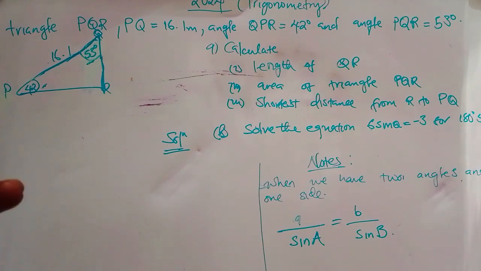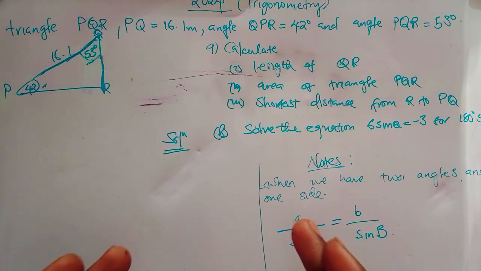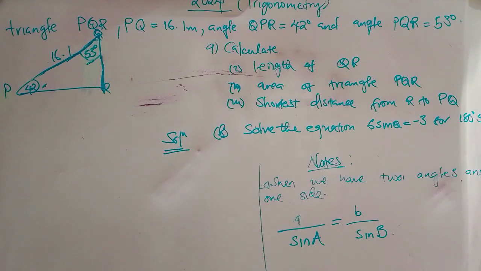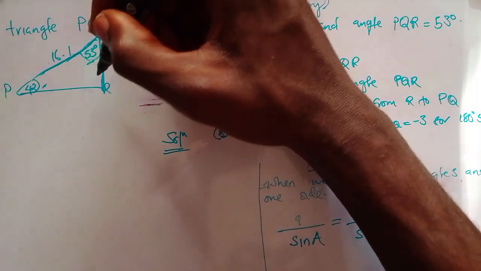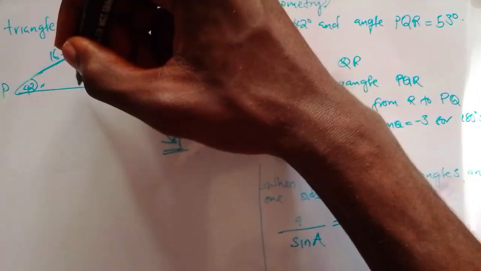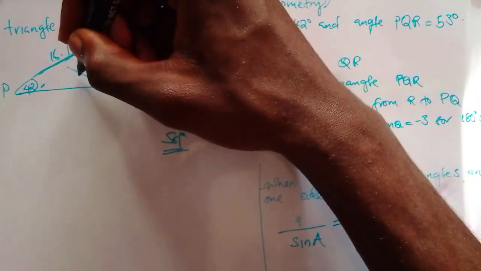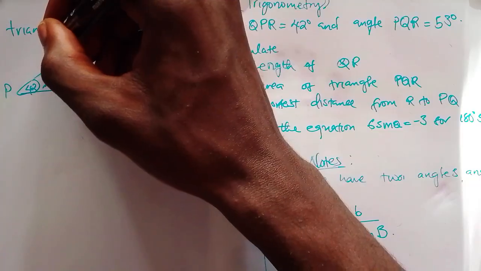In our case, I showed you that the small letters represent the sides. So the first thing we have to do when we are solving this question, we have to indicate the what? The small letters. So you say R is pointing where? 16. So this is small r.